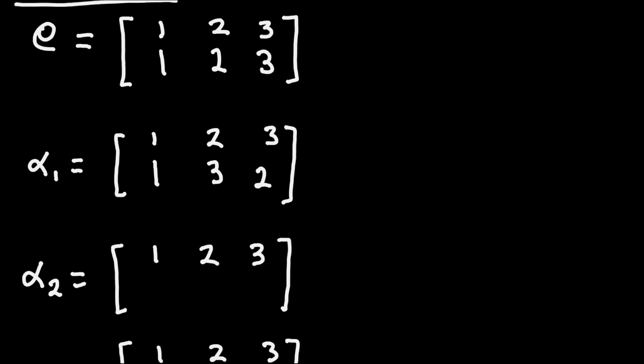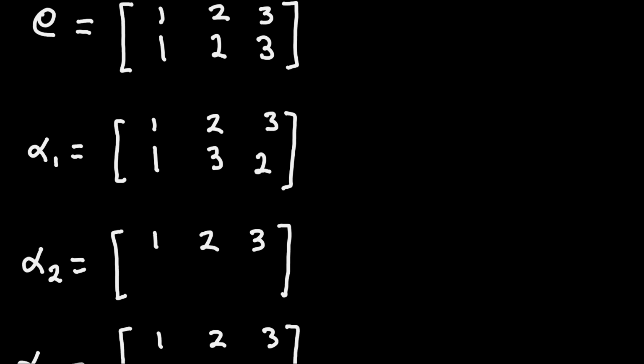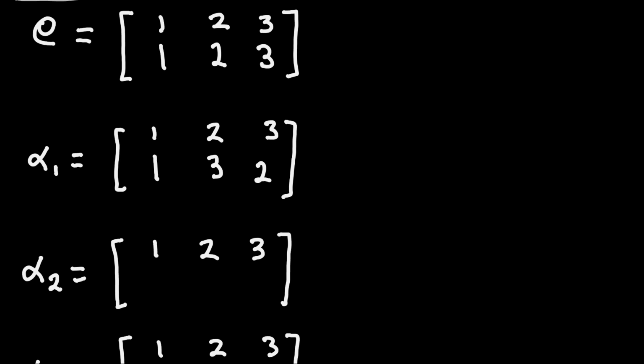Now what else can we do? Another thing we can do: 1 goes to 1 here, we did that one already. Let's say we start, for example, by saying that 1 goes to 2. If 1 goes to 2, I cannot put 2 in the other positions anymore, because if I do that, I won't have a bijection.